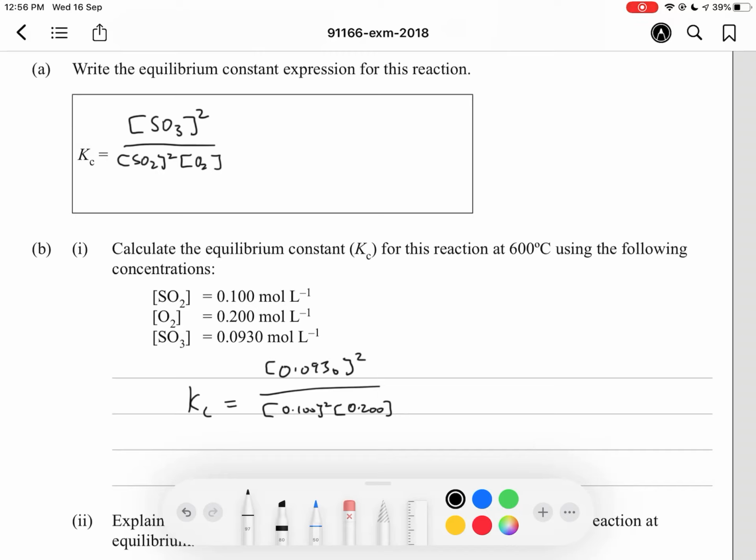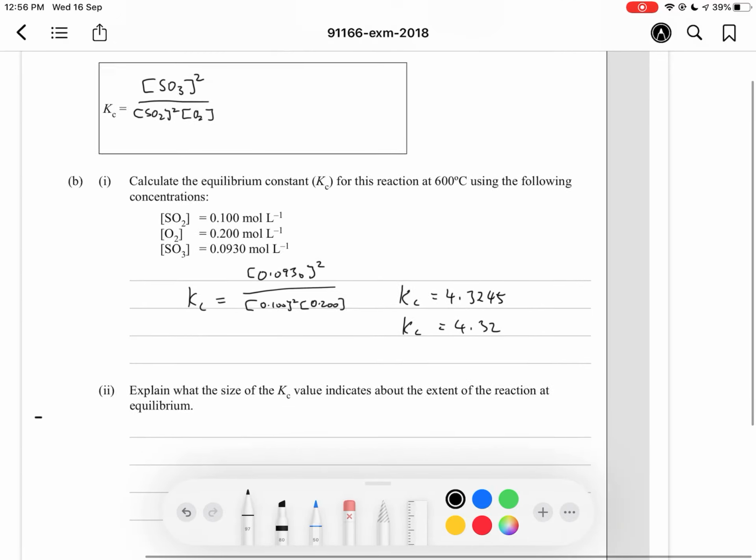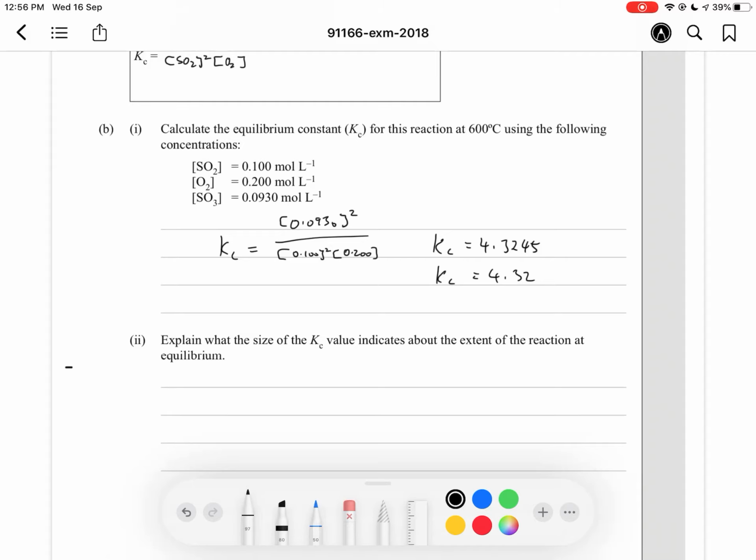Alright, so the value of Kc should be coming out to be 4.3245, and then we're going to round this down to 3 significant figures, so 4.32. So our equilibrium constant is 4.32 in this case.